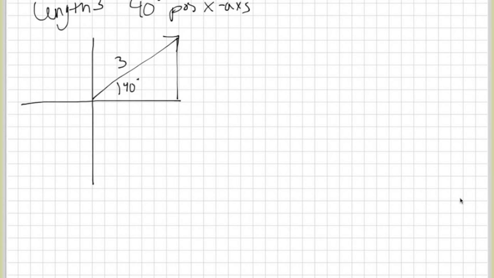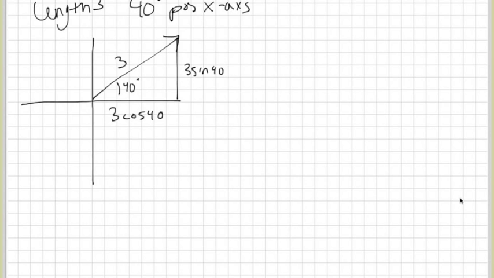Since we name a component vector by its x component length and its y component length, how would I find those x and y values here? 3 cosine of 40 and then 3 sine of 40. Trig. Dang, that was fast.